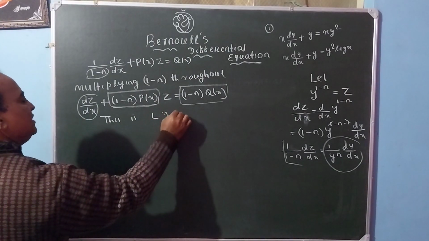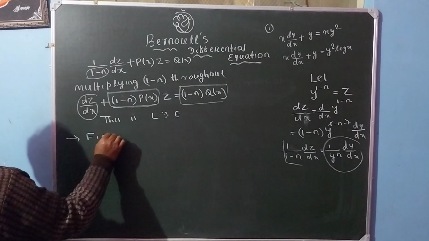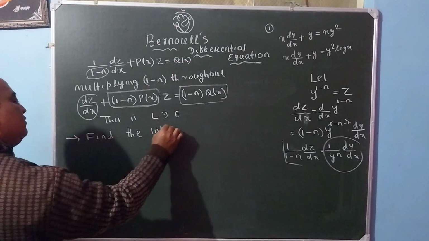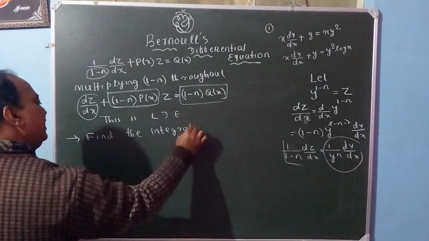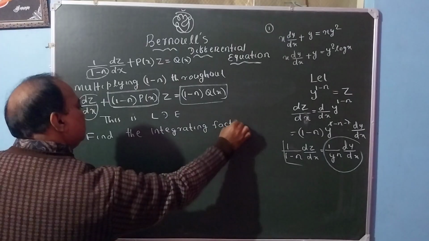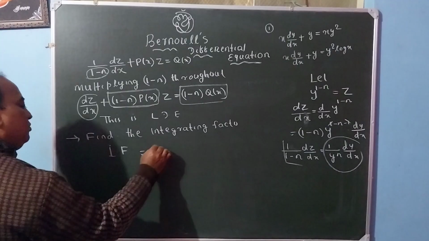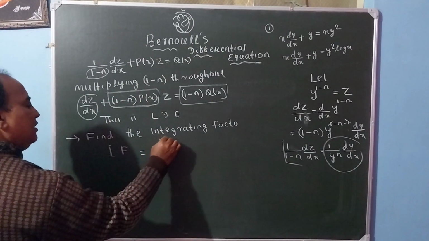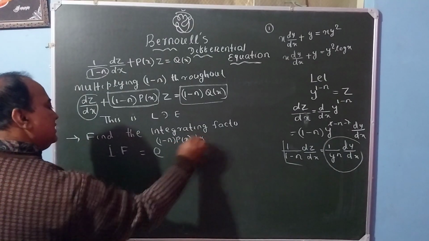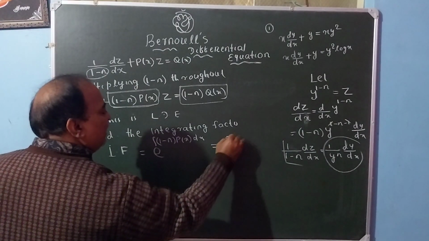Then step 2, find the integrating factor. IF is equal to e to the power integral of (1 minus n) p(x) dx. Let this integrating factor be f(x).